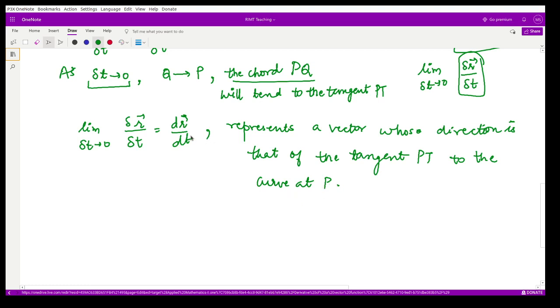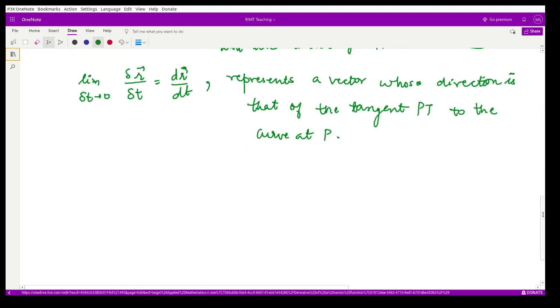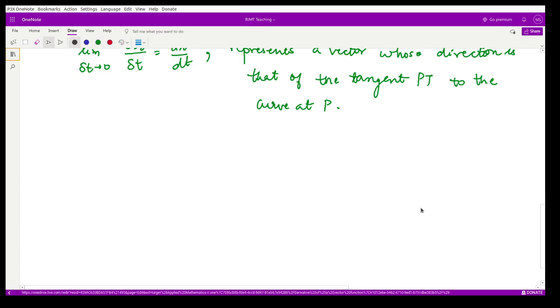Then this derivative represents the direction of the tangent at the point P.